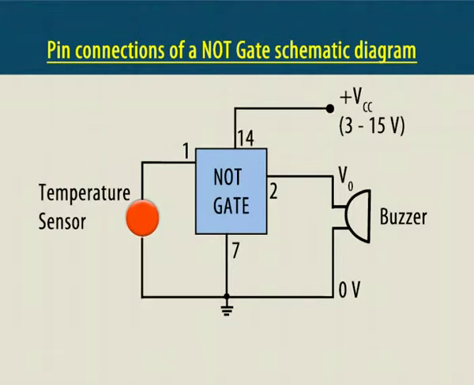Pin 14 of the NOT gate is connected to the power supply VCC, and pin 7 is grounded. Now we have one terminal of the buzzer connected to pin 2 and the other terminal is grounded.